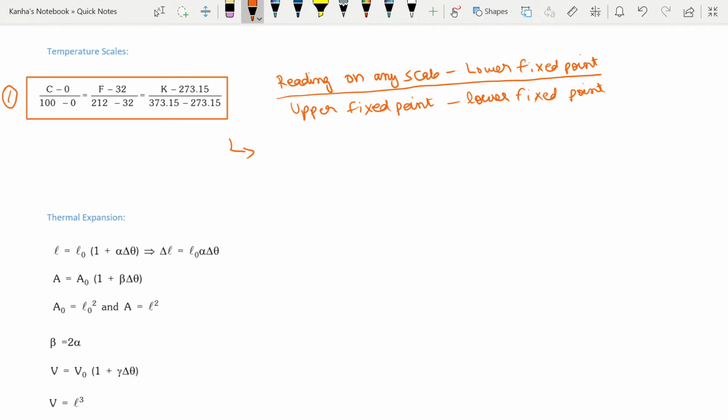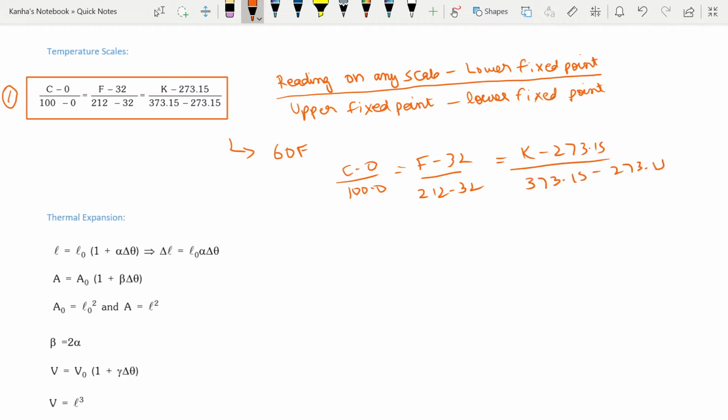Let's say I have to take 60 Fahrenheit and convert it to Celsius and Kelvin. So what do I have? I have C minus 0 by 100 minus 0 is equal to F minus 32 by 212 minus 32 is equal to K minus 273.15 by 373.15 minus 273.15.